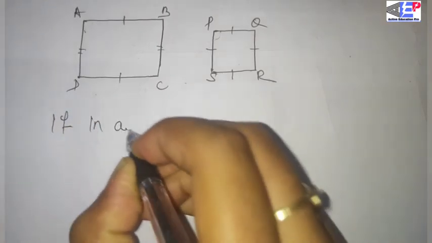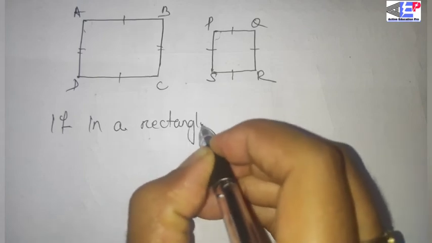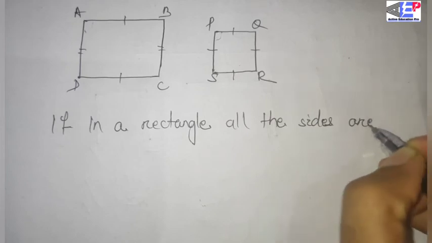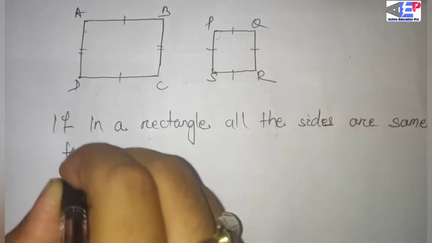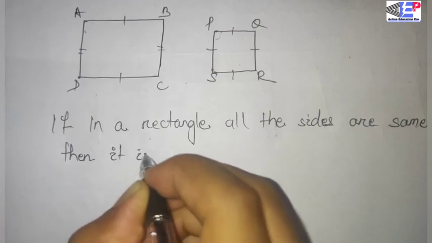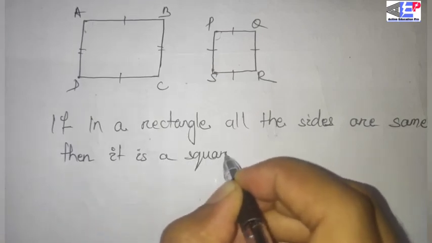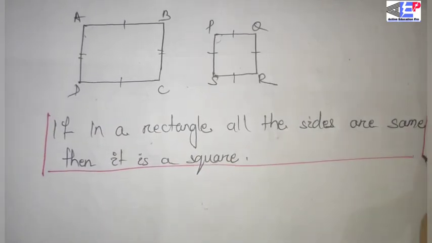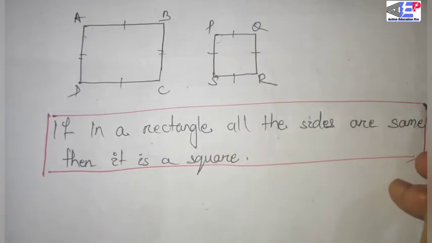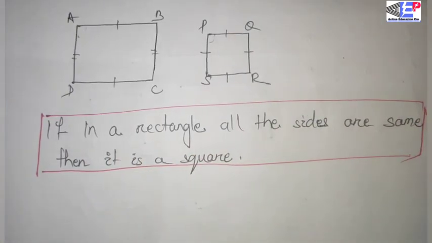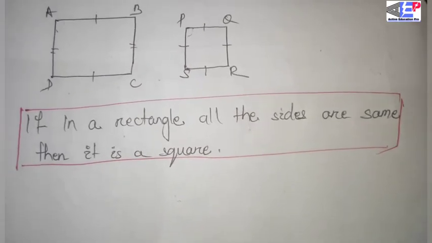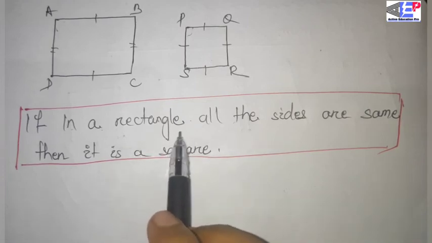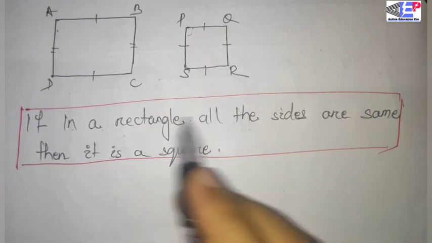If in a rectangle all the sides are same, then it is a square. Look here. In a rectangle, all the sides are same. So draw a rectangle for these conditions.